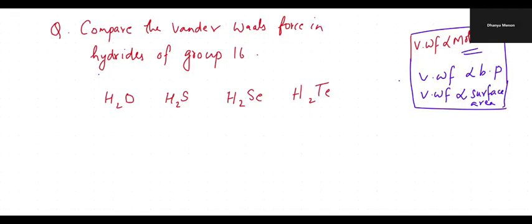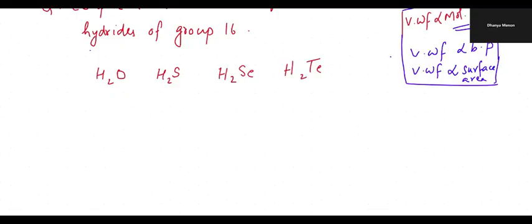So we check the molecular weight. When we check the molecular weight, this will have the highest molecular weight, so definitely the order of van der Waals force will be like this, right? But water also has strong hydrogen bond.